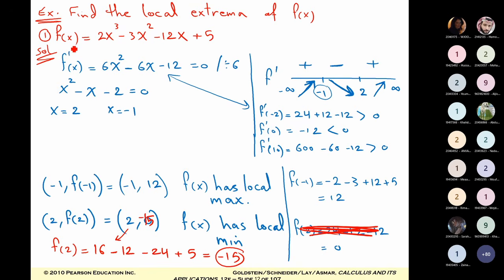Any question? We substitute in f of x, so it becomes 2 and negative 15.